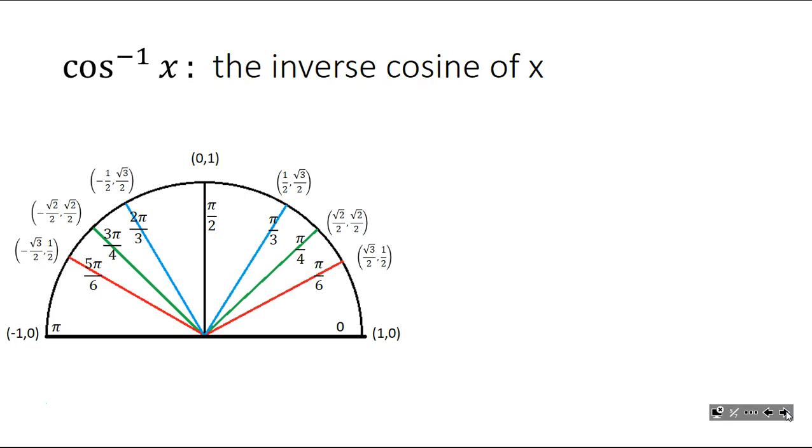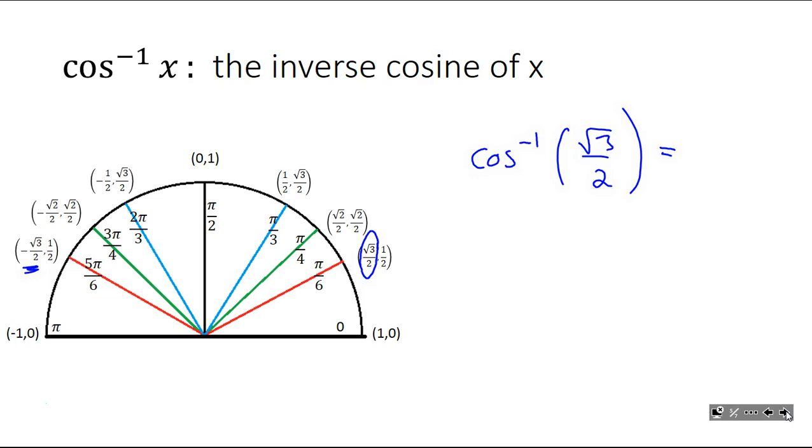This time let's let it be the inverse cosine of the square root of 3 over 2. So the answer will be an angle, and you want to find where the cosine is equal to square root of 3 over 2. That will be the x value. Notice you'll find it right here in quadrant 1. And notice you will not find it in quadrant 2 because there it would be a negative value.